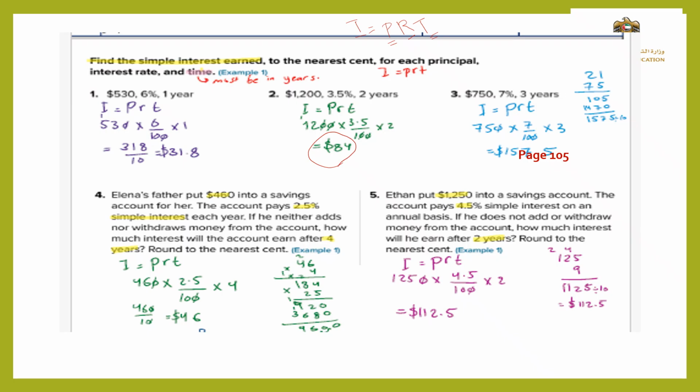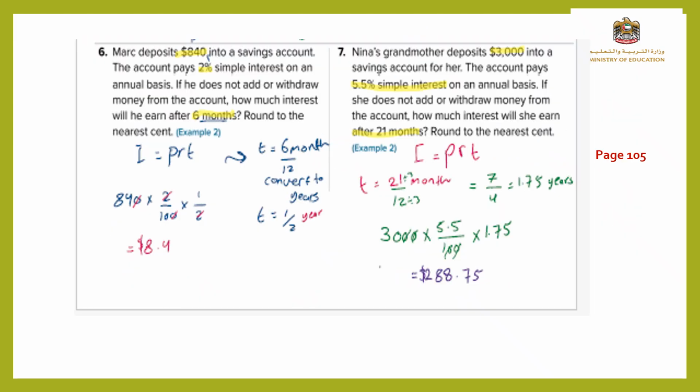Sometimes they will give you the time in months also. So see here in this question, they have given you 6 months. Okay, so 6 months means it is 6 over 12. 6 months means half year, or 6 over 12 years. So here I is P, R, T, you can use half or you can use 6 over 12.